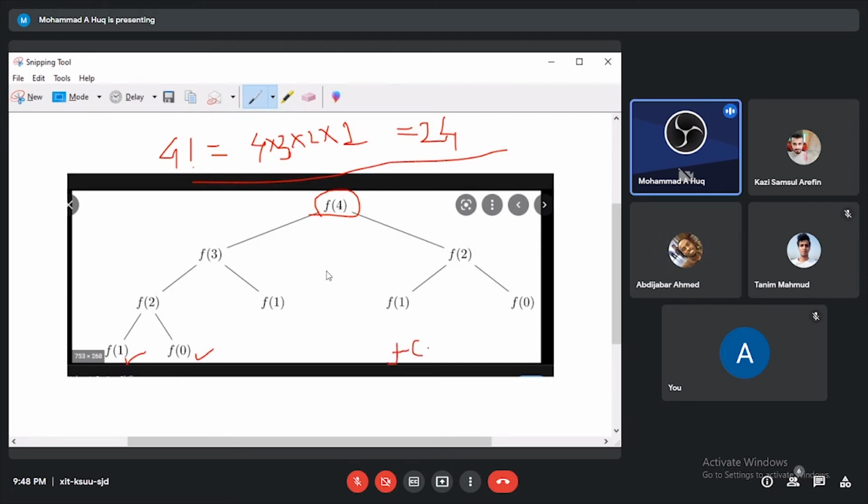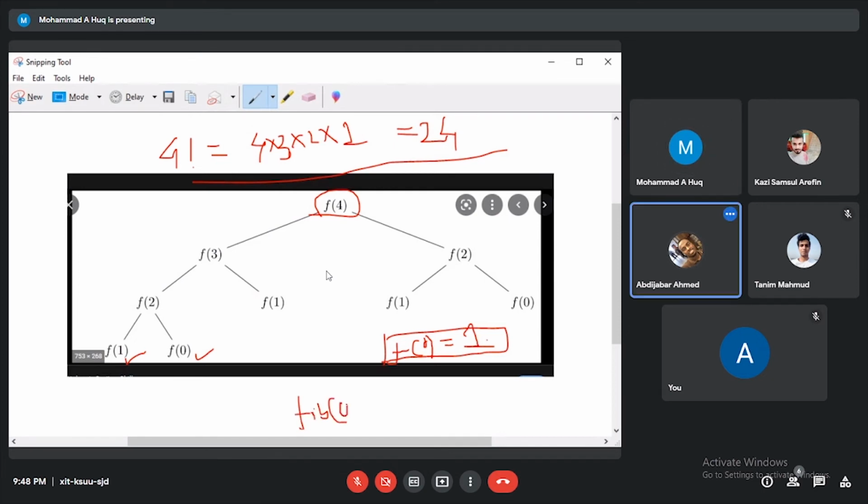Among these, in factorial, function of 0 is the base case. You don't know what the factorial of 0 is, so you have to define it. Yes, factorial of 0 is 1. This is the base case. And if you try to solve the Fibonacci series, you will see that Fibo 0 is equal to 0, and Fibo 1 is 1.